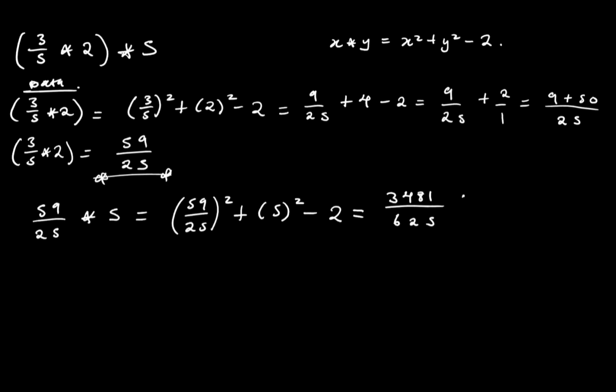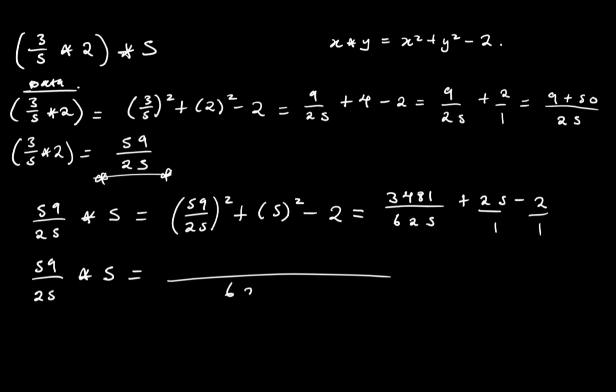Then plus 25 minus 2. 59 over 25 star 5 is equal to, I'll just say over 1, then look for a common denominator, which would be 625. And I'll basically have 3,481 plus 20.